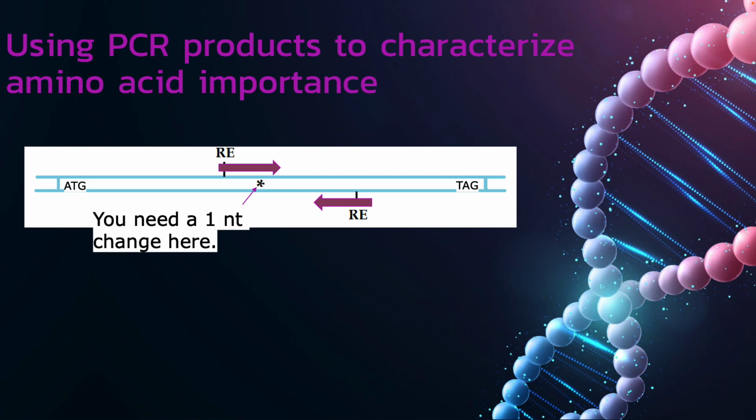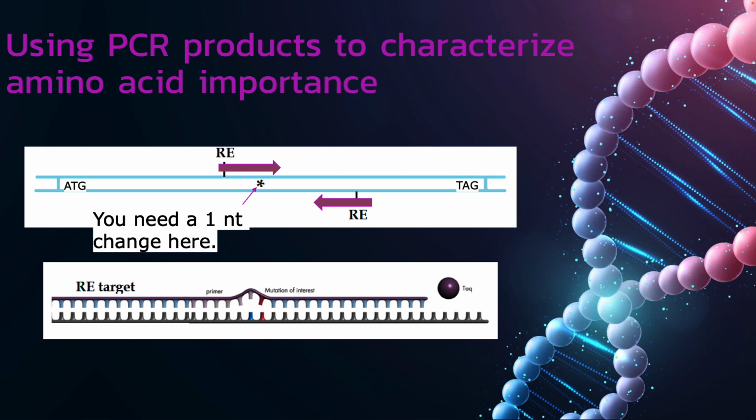But by having a primer here that will amplify this part, where we put the desired sequence in our primer, so this is the standard sequence, here's our desired sequence. With that primer that has our desired change, when it binds, here they're showing the mutation of interest, the primer won't bind right here, but that's okay.